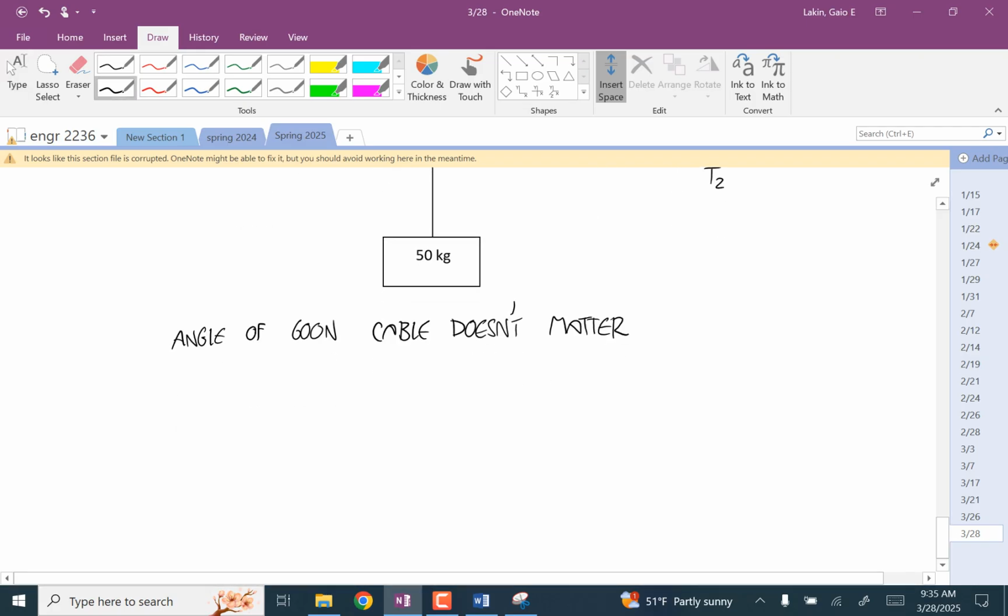So I'm going to just think of it as, there's the pulley. Here's the 50 kilogram mass. And I have 600 going straight down.